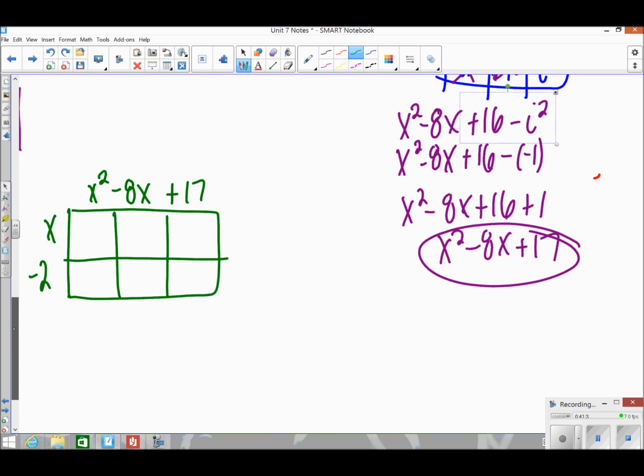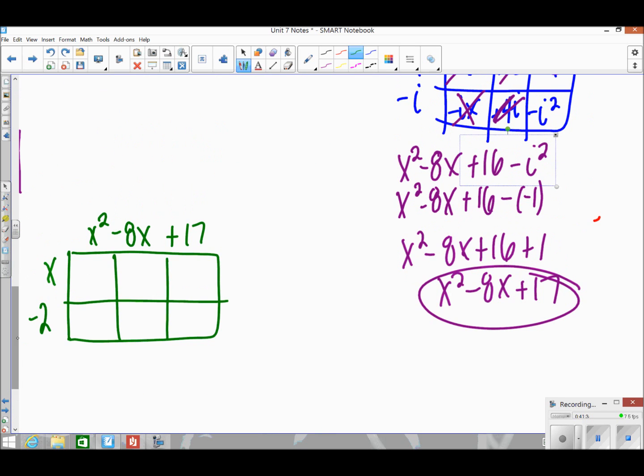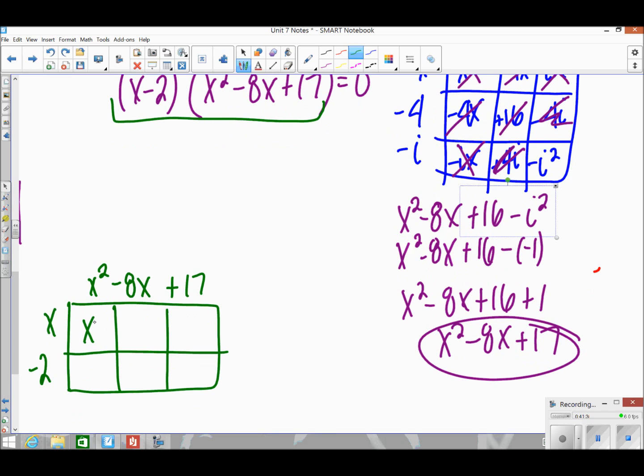Multiply these. x to the third minus 8x squared plus 17x minus 2x squared plus 16x and negative 34.